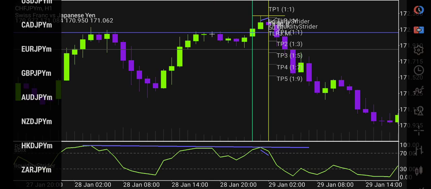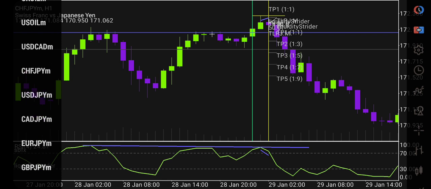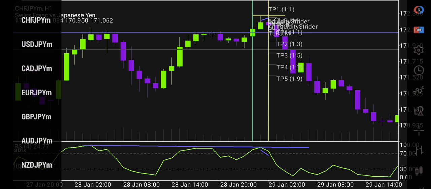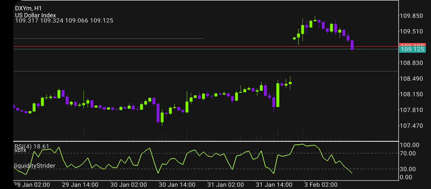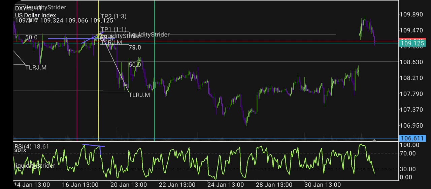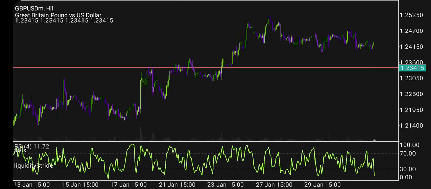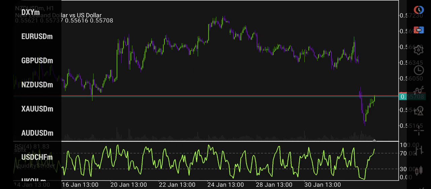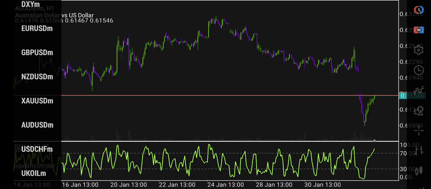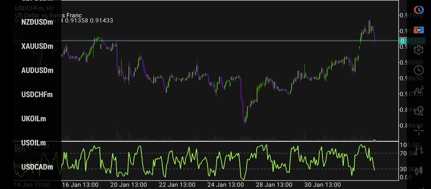So what I figured is that this is the first chart, and whatever happens here, others follow, just like I have with the DXY. This is the DXY, the US dollar index. When I look at this chart, it influences what I do on the Euro USD, Pound USD, Kiwi USD, Aussie USD, Swiss franc USD, all around dollar pairs.